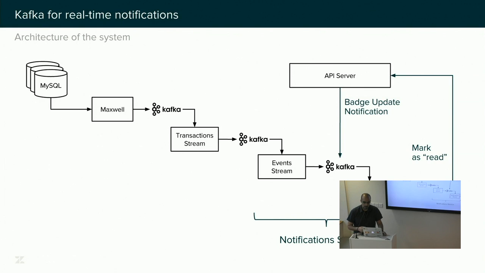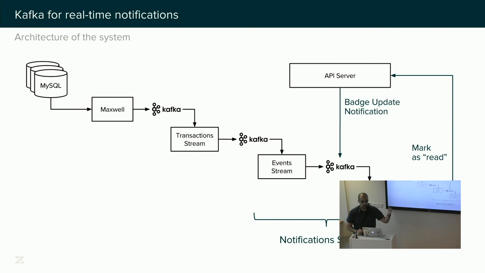The way we ended up implementing this was by creating the concept of a batch update event that we then just write into Kafka as well. Sorry, I wrote notification there, but that's a batch update event. By writing this into Kafka, also partitioned by user, we guarantee that whenever a user marks a notification as read, this event will be written into Kafka to the same partition where all the notifications regarding that user are going to be.